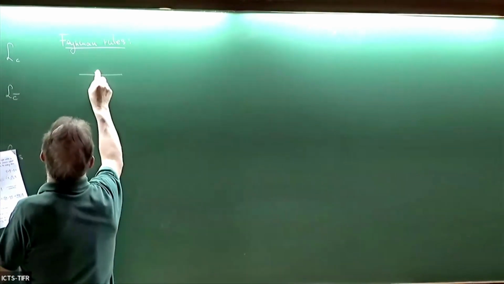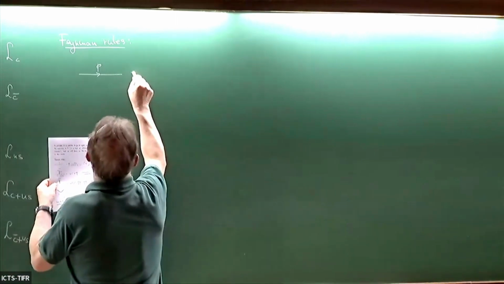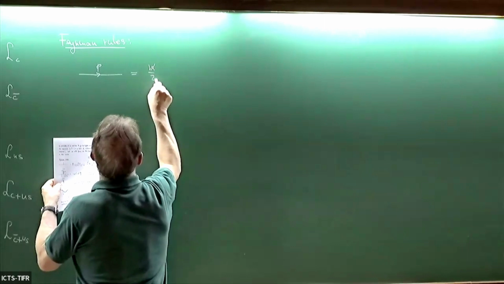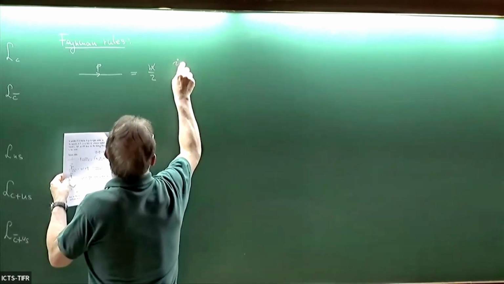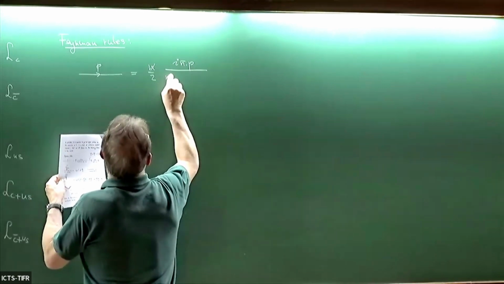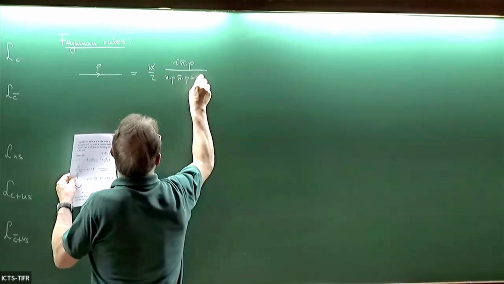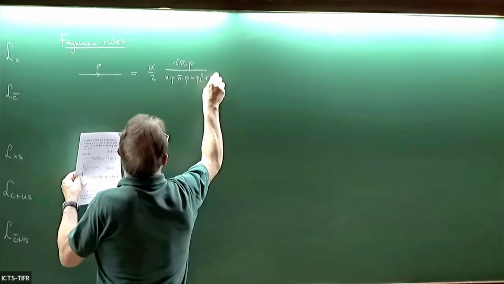So for instance, the quark propagator, for two Xi fields, you have to take the inverse of this differential operator. What you get for the quark propagator is n-slash/2 i n bar·p divided by n·p n bar·p plus p perp squared plus i epsilon.